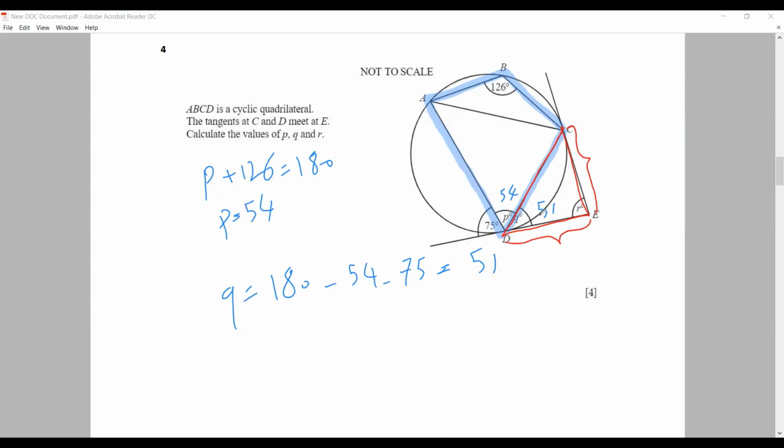So if this is 51, this should be 51, right? That's an isosceles triangle. So therefore, R is 78, right? 180 minus 51, that gives us 78, and that's it. We found all the unknowns.